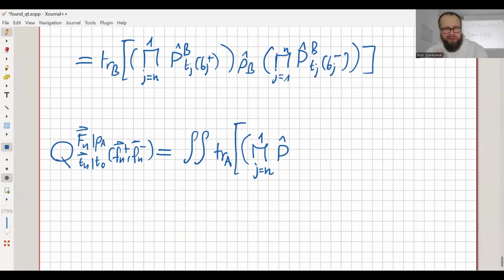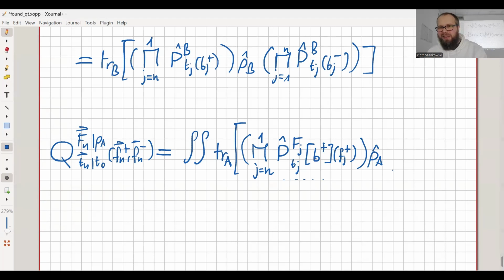Here I'll introduce a new kind of projection operator, which is actually a functional, depends on components of the B trajectory. So it's a functional and also a function. I will define it shortly, so don't worry.